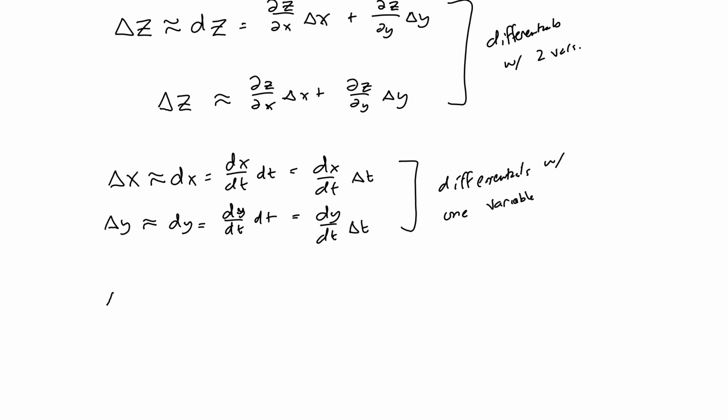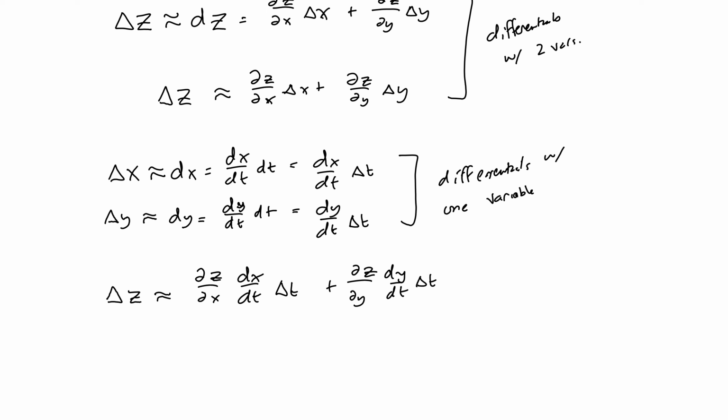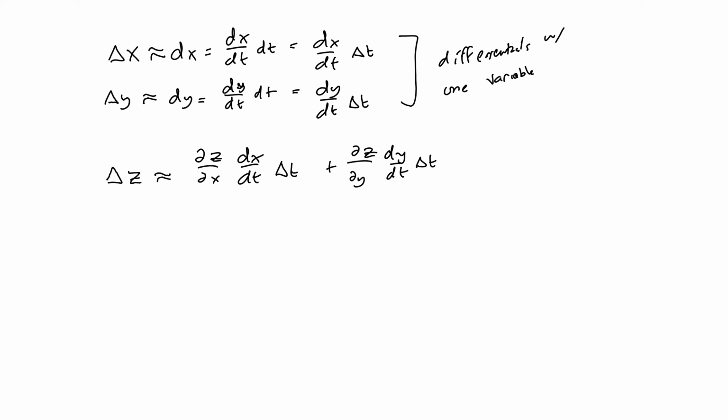or independent variables there being x and y. So if I combine these things, I have delta z is approximately ∂z/∂x times dx/dt delta t plus ∂z/∂y times dy/dt delta t. And now let's go ahead and divide both sides by delta t.